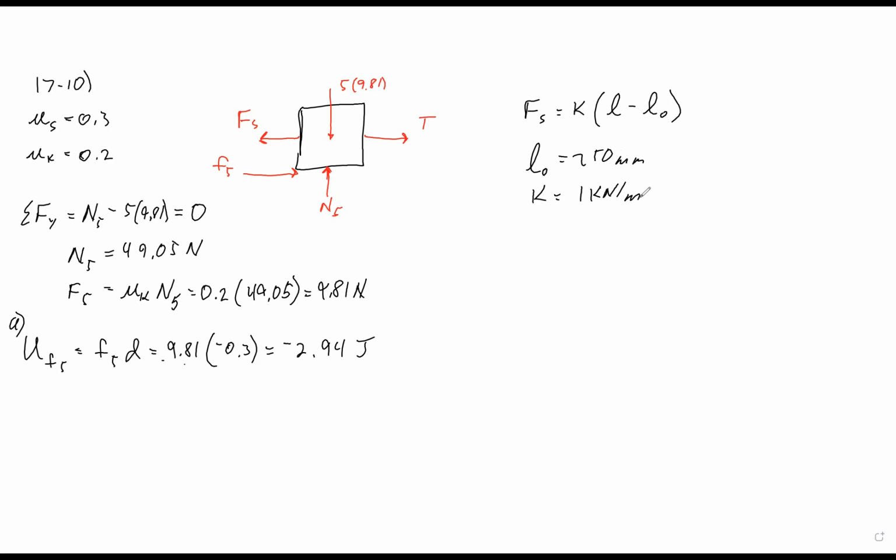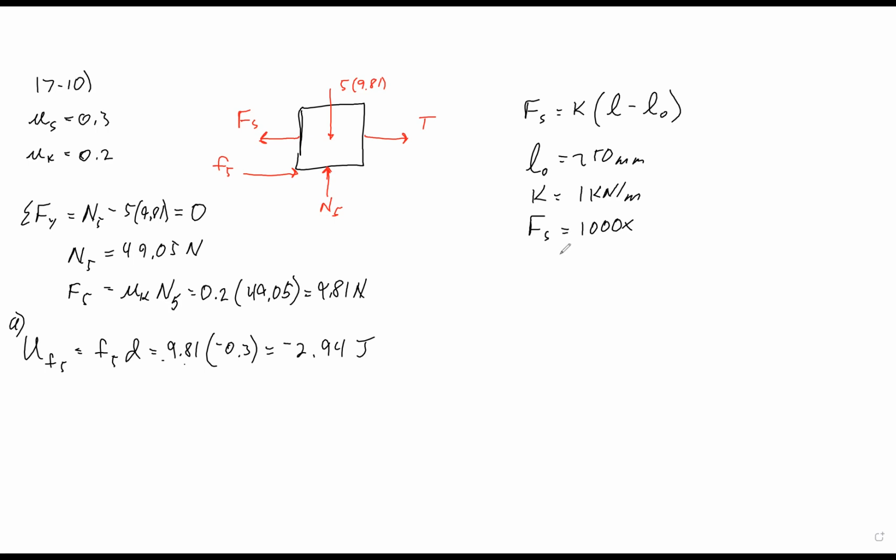Then you can also say that the force of the spring is equal to 1,000 x. And x is equal to 0 when the spring is in the unstretched position. So now you can just do a difference between the two distances.